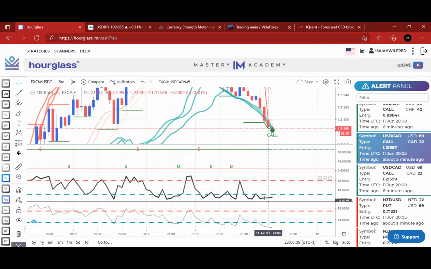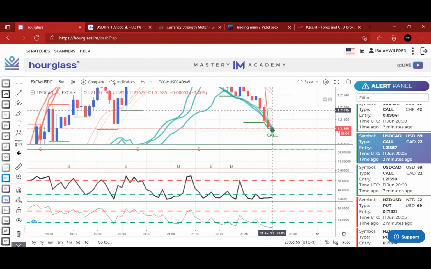So if the stochastic is still pointing sideways, trust me, this trade is not going to come up. But if you have it pointing upwards, trying to cross up, that's when you see that massive blue candle pushing up and you'll be able to clear the trade.